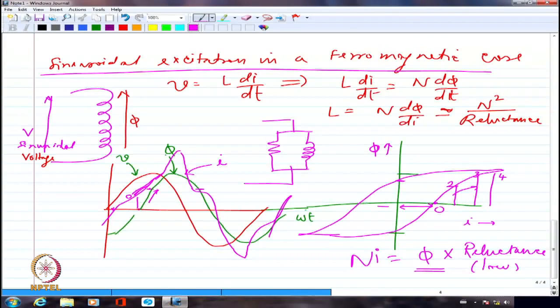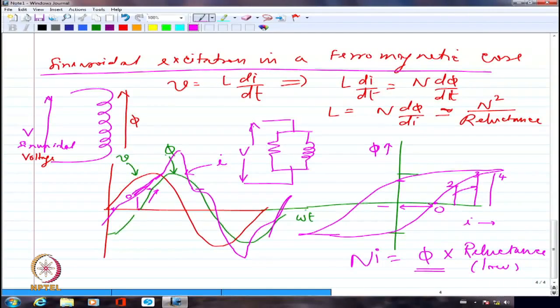So that's the reason why we are essentially representing both of them in parallel. So we will assume that the same voltage is being applied to both of them, the resistance as well as the inductance. So this is the representation of a ferromagnetic core, in terms of electrical circuit parameters.